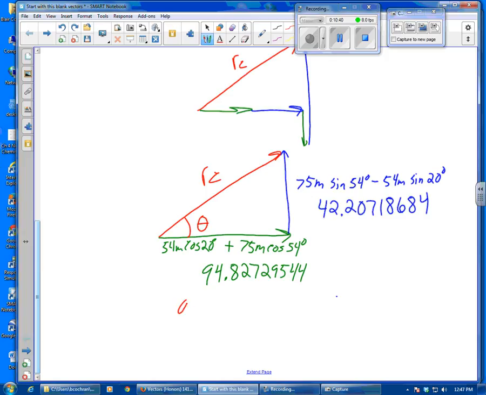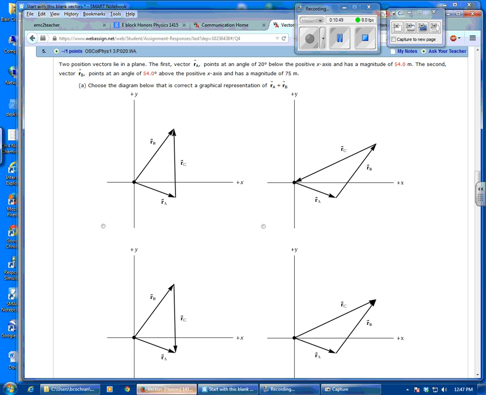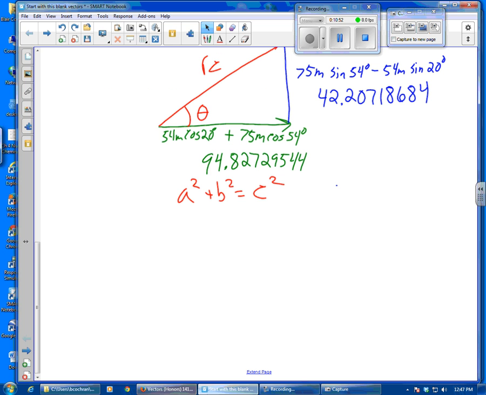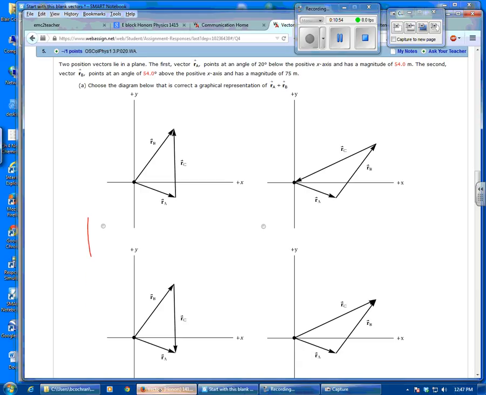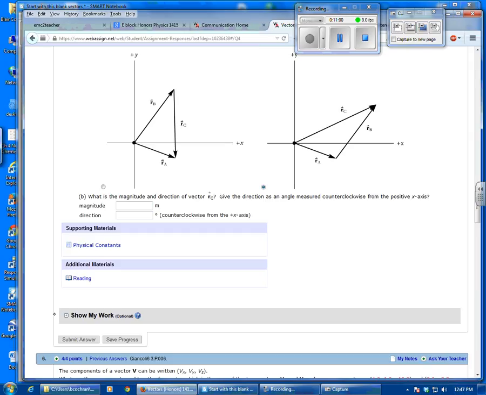So to find the length of this, I'm going to use a squared plus b squared equals c squared. That's what they want, right? The length and direction. Yeah, they want magnitude and direction.